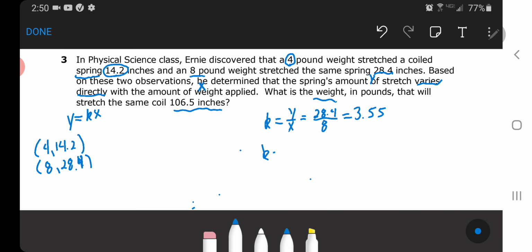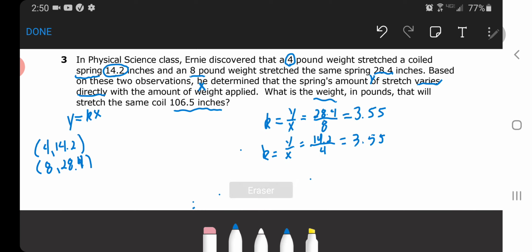Just to show you it didn't matter which one I used, if I use the y value of 14.2 and divide by its coordinating x value of 4, well, 14.2 divided by 4 is, lo and behold, 3.55. So it doesn't matter, just choose one of the points since it says varies directly, a direct proportion.